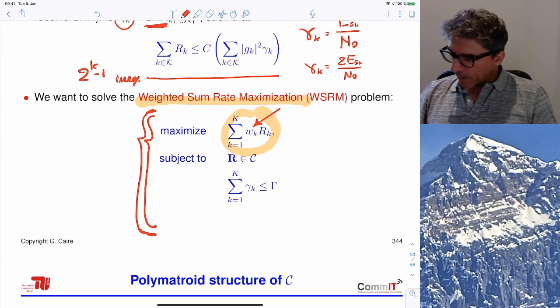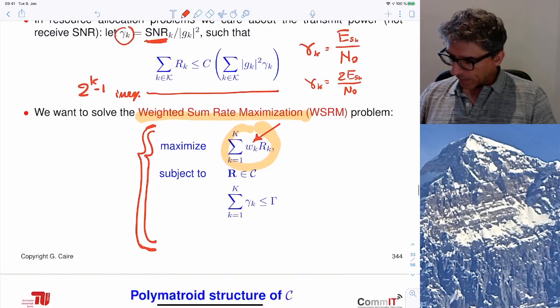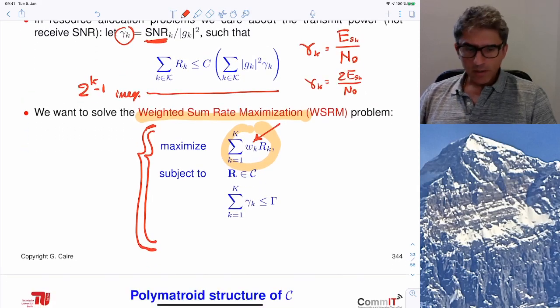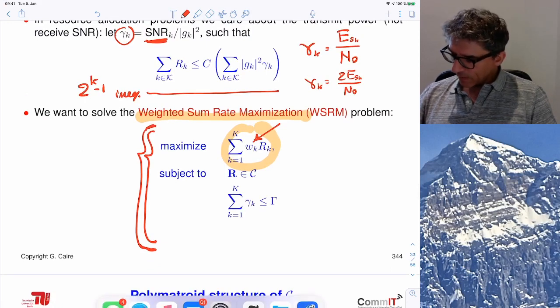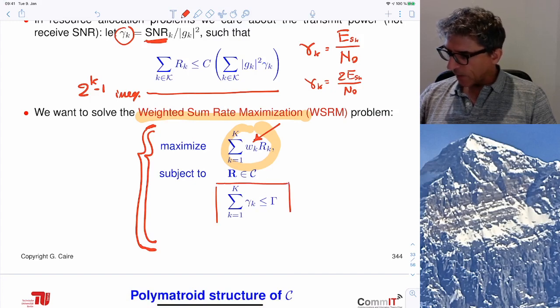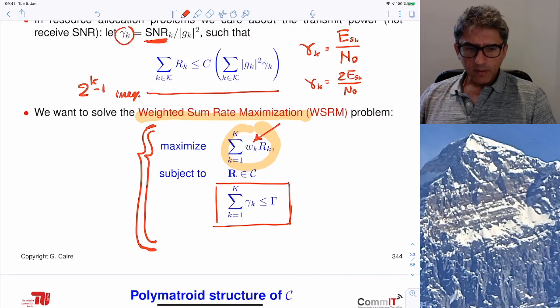So our problem is to maximize a weighted sum rate subject to the rate vector being inside the capacity region, and the capacity region is defined by these inequalities, and also subject to the sum transmit power being less than the total power, big gamma.